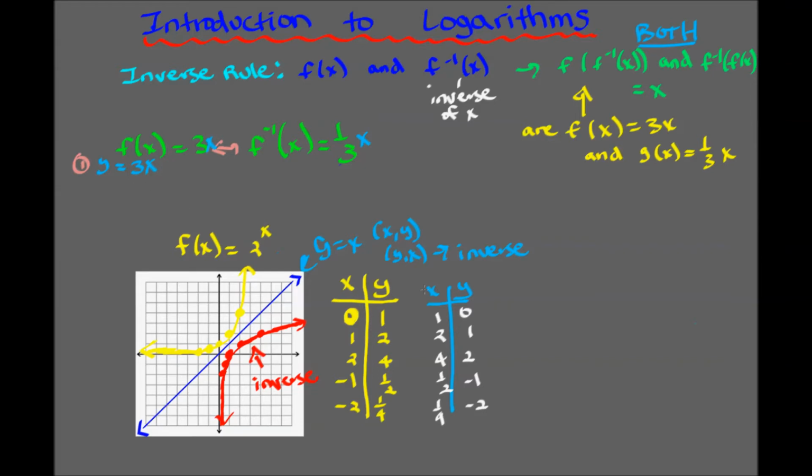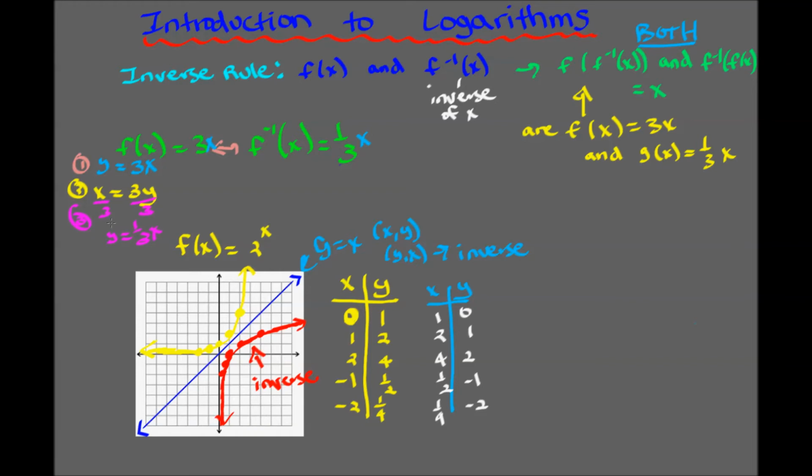Now, like you did over here, you switch the x and y, so it becomes x is equal to 3y. Then you isolate y. If we divide both sides by 3, we get y is equal to x over 3, or 1/3 x.